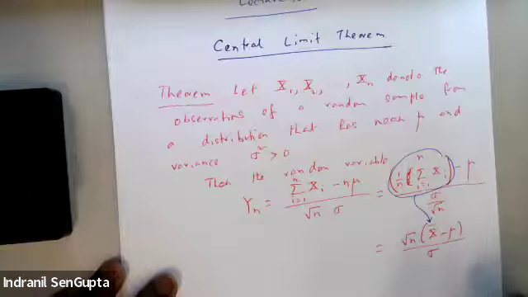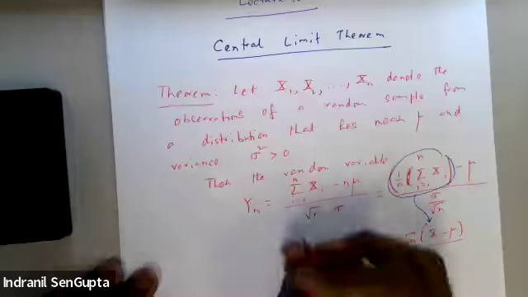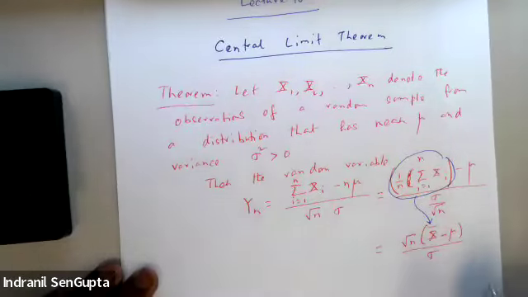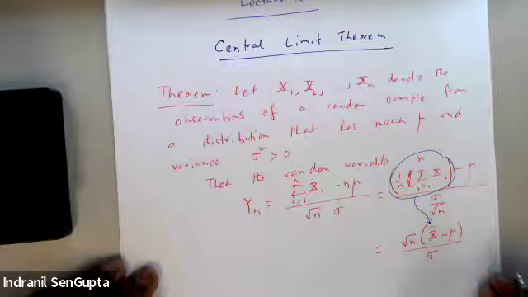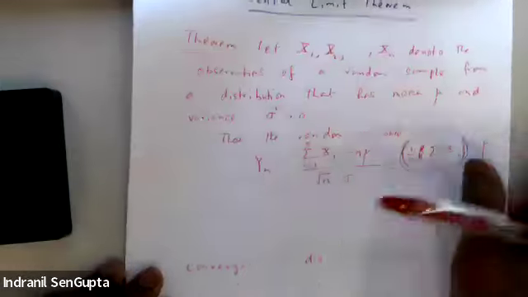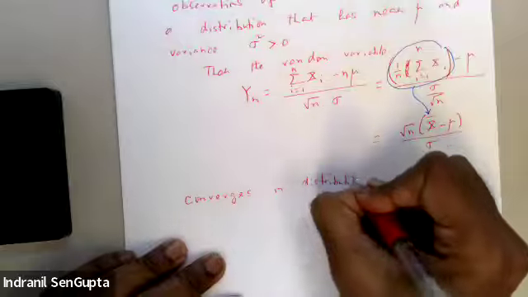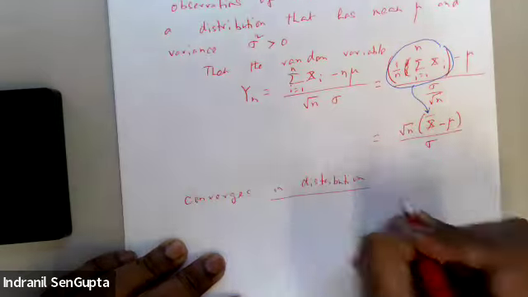So what this theorem is saying is that this Yn, in other words this quantity, converges in distribution.